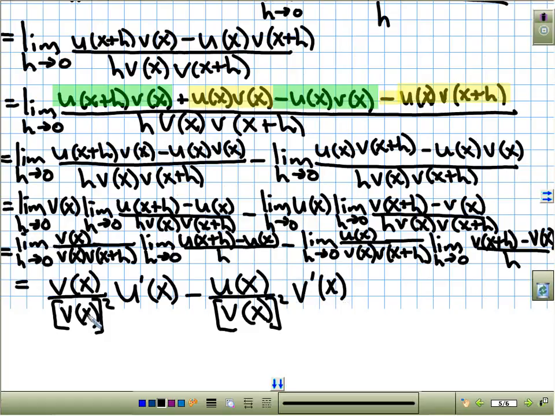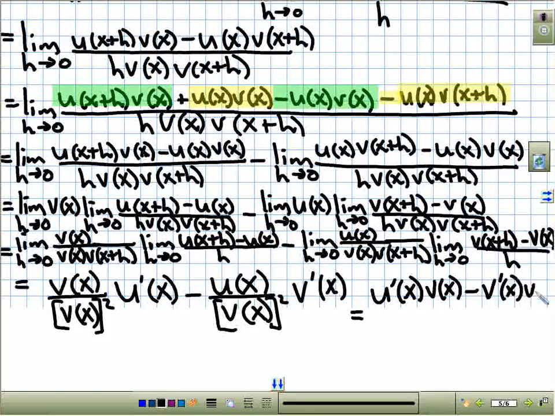So look what we have now. Let's put this together. Put it all over one denominator. We have the derivative of the top times the bottom, that's this over here, minus the derivative of the bottom times the top, all over the bottom squared.